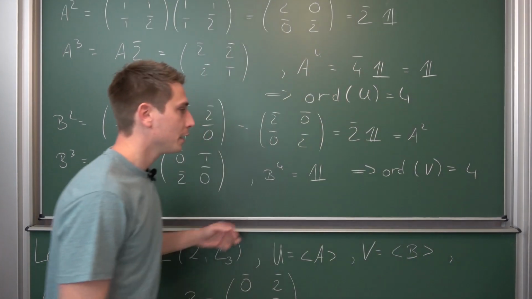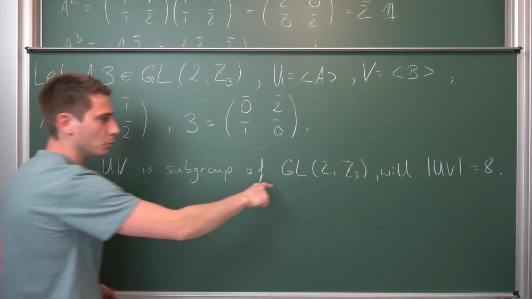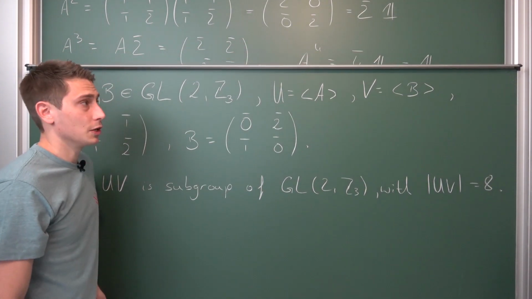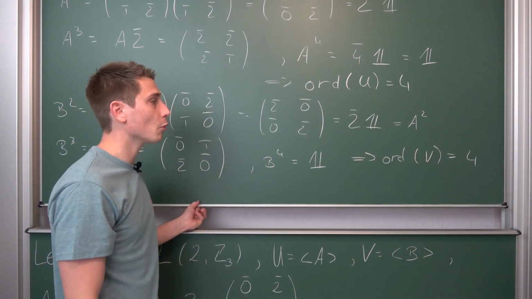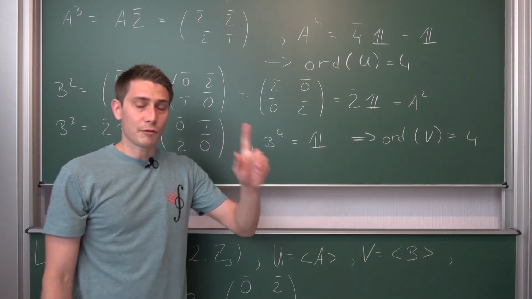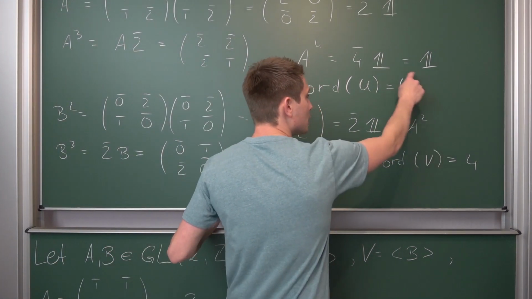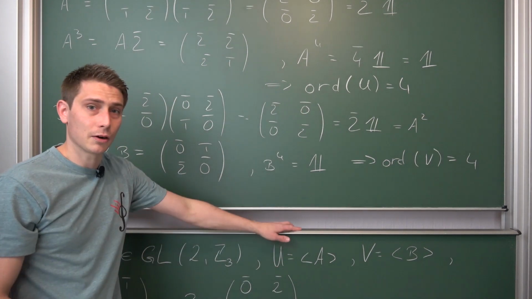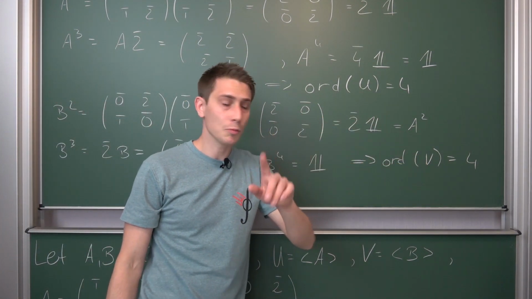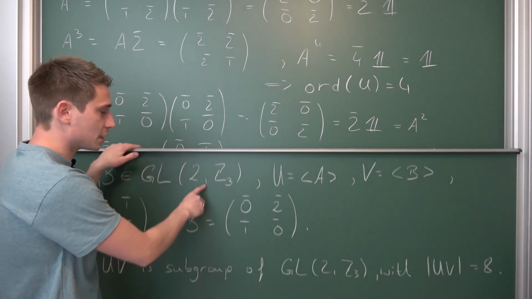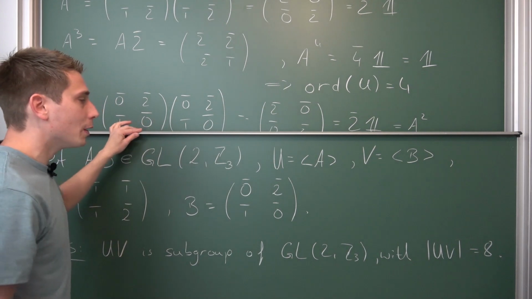Now, for this next part, to show that UV is indeed a subgroup of this, I'm going to make use of a little theorem that we have derived in homework before in our course. And for this theorem to hold, we need the orders of our subgroups that we have right here to be finite. Also, we need U and V to be actual subgroups of the GL2 set 3. They are subgroups because, okay, why are they subgroups?